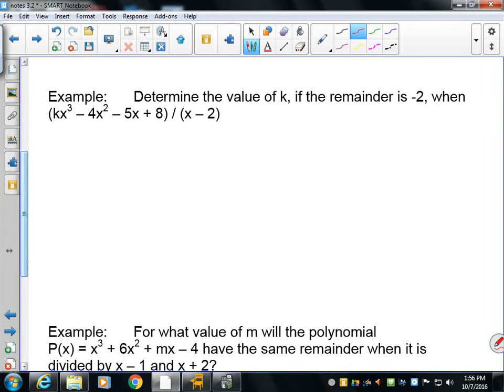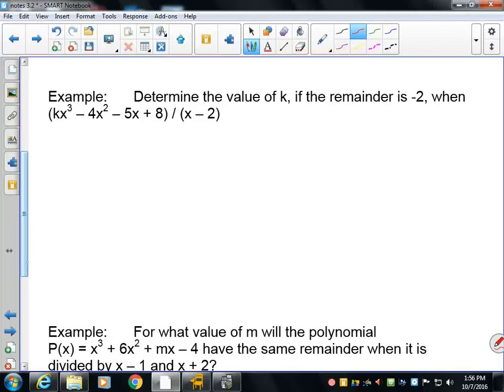Kind of. But this is another example, and it's a little different. It says, determine the value of k if the remainder is negative 2 when we factor this thing. You can't really do synthetic and go backwards because you don't know what that k value is, and that's the first thing you pull down.